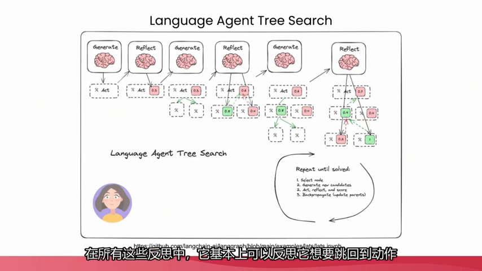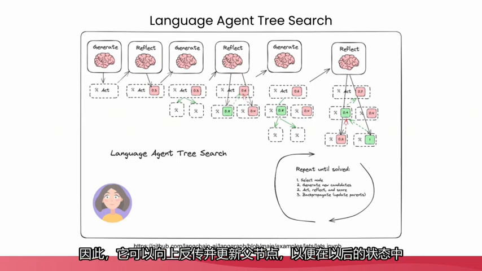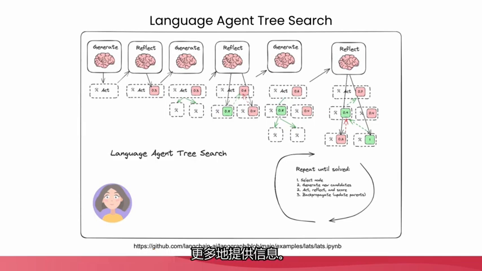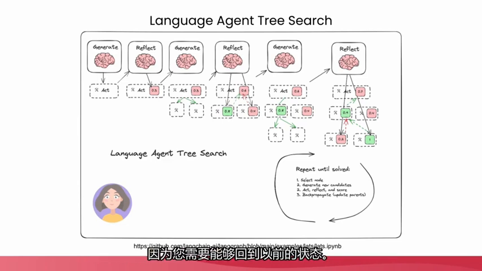And throughout all these reflections, it can basically reflect on where in the tree of action states it wants to jump back to. So it can back propagate and update parent nodes to have more information, which may inform future directions from that previous state. For this in particular, you can really see why persistence is really important, because you need to be able to go back in time to previous states.